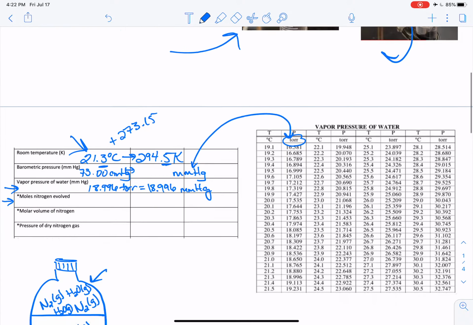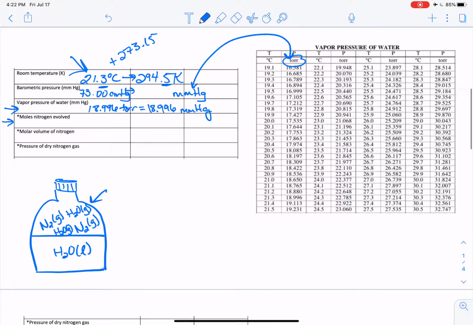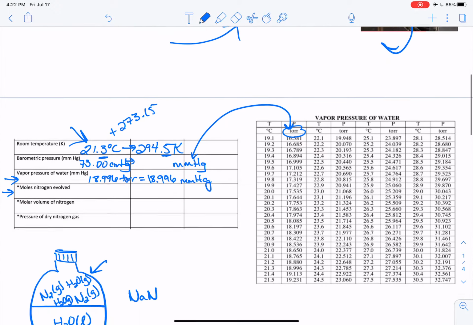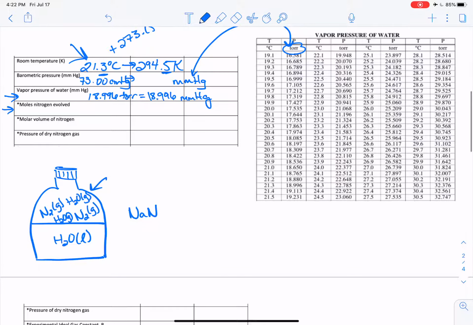So what we do for that is we're going to say, okay, I've got sodium, I think I've been saying sodium nitrate when it's actually sodium nitrite, and there's a difference there, bad teacher, bad, okay?